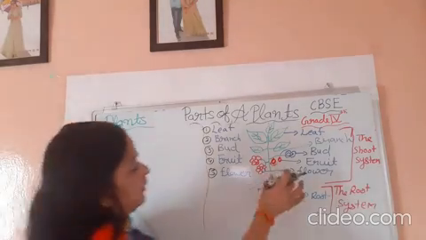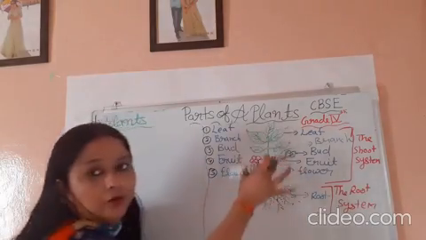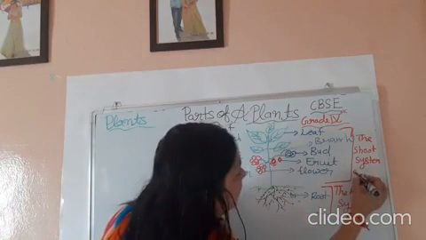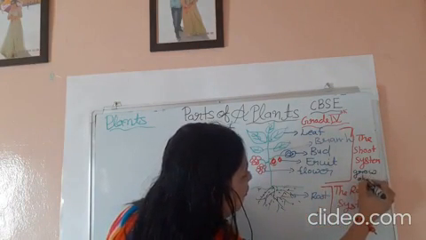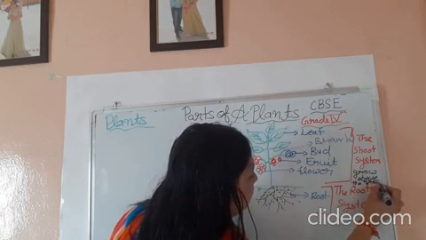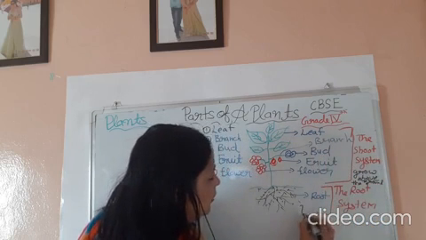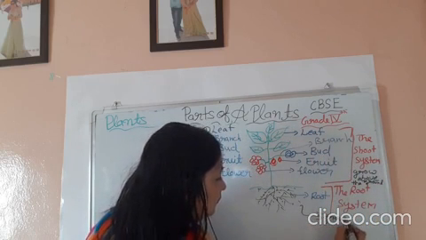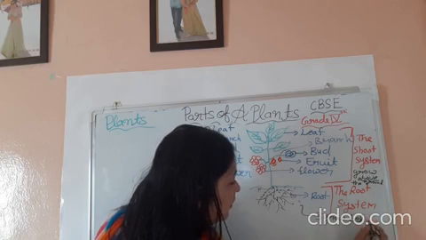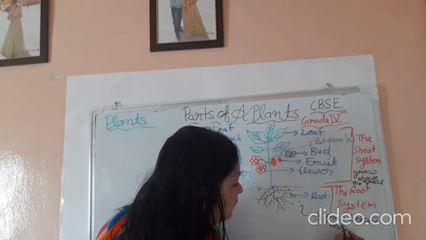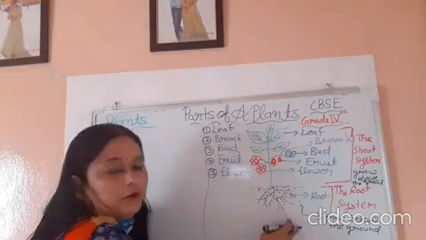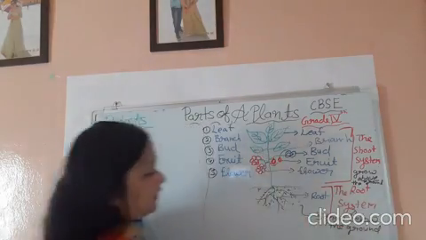The parts of a plant that grow above the ground are called the shoot system. The parts that grow below the ground are called the root system.